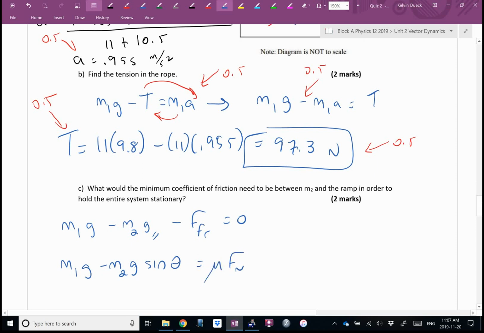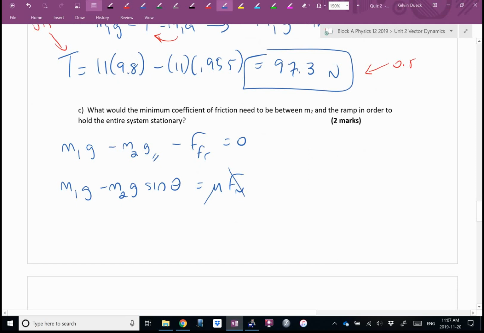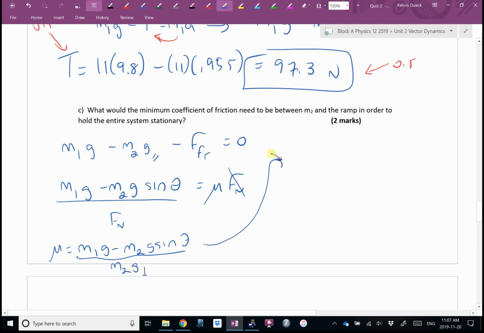I don't know the normal... Oh, first of all, to get the mu by itself, I'm going to divide by the normal force. I don't know the normal force. Oh, but look, it's going to be M2G perpendicular. So mu equals M1G minus M2G sine theta all over M2G perpendicular.